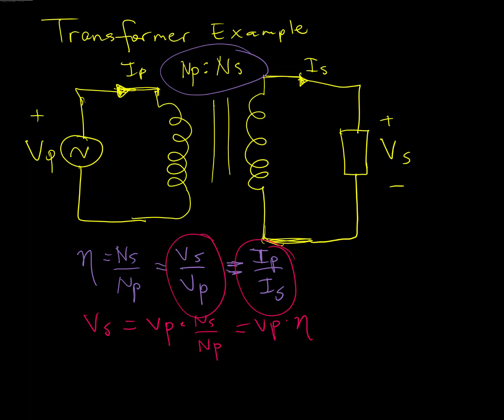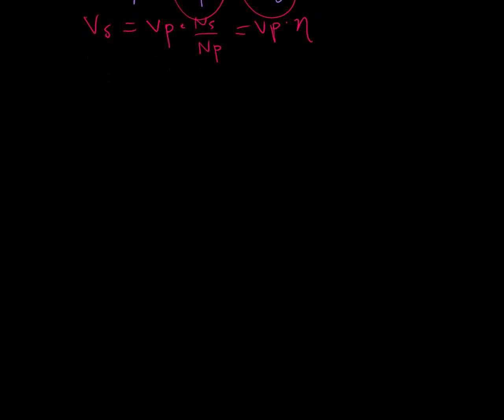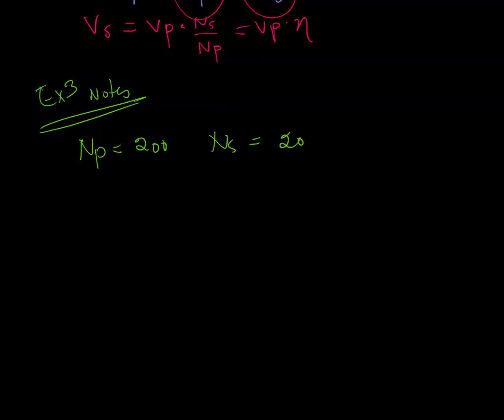Okay, so we're doing a little example here. This is example 3 from the class notes that are posted on transformers, and it says a transformer has 200 turns of wire on the primary. So I'm going to write that down. So NP is 200, and it says 20 turns of wire on the secondary, so NS is 20.